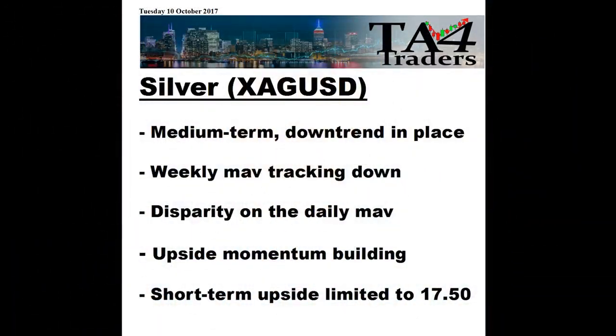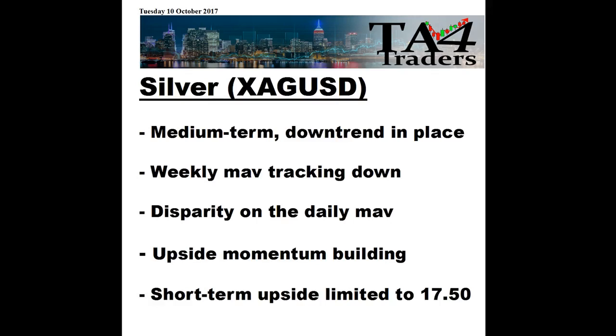So that's been TA for Traders looking at the silver price. Here are the conclusions that you should be getting from the video. Medium term, the downtrend is in place with those weekly moving averages tracking down. There's disparity on the daily moving averages as the 50 and 200 are moving up.